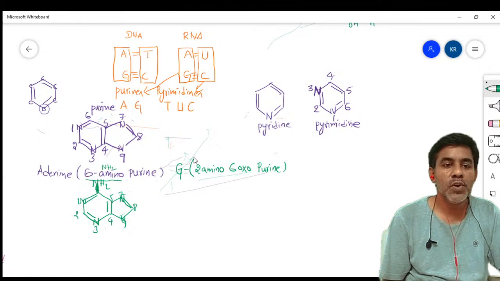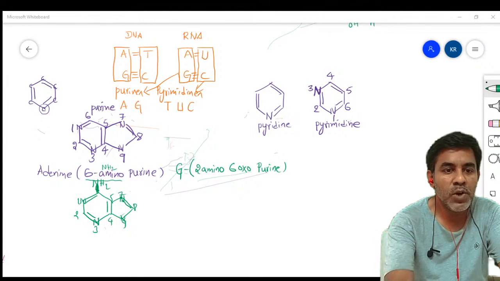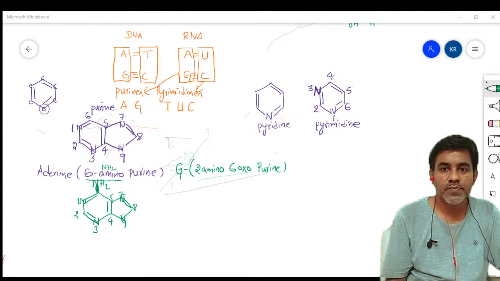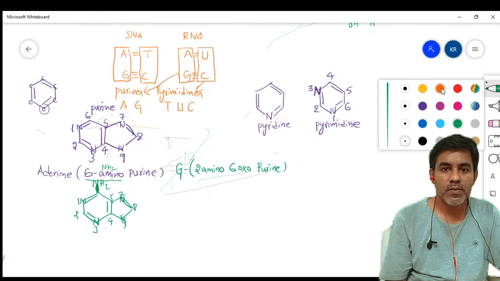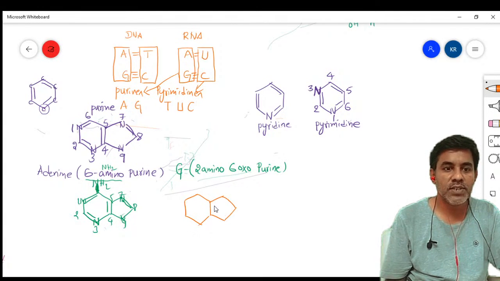That means firstly you need to draw the structure of purine, then place the groups. First you need to draw the structure. Generally when you observe the structures, we get fear. But if you properly learn, it becomes very easy.